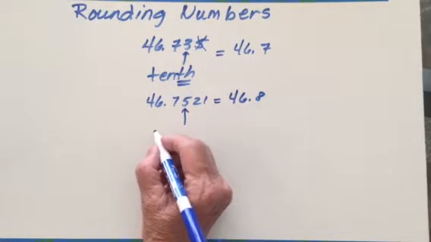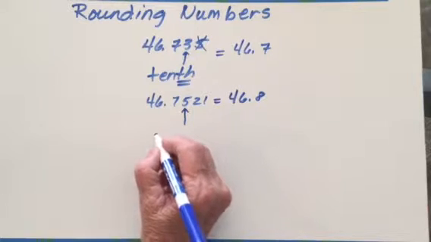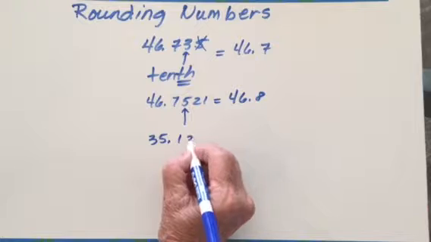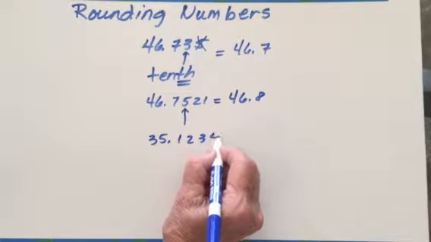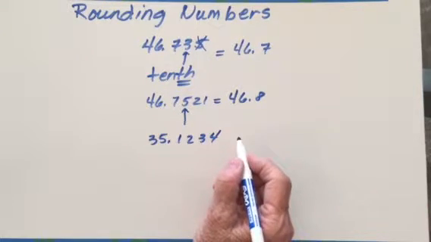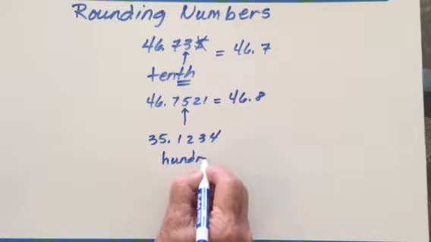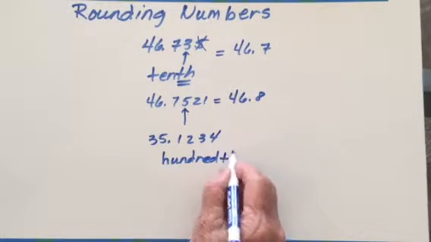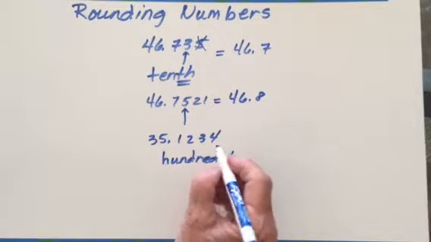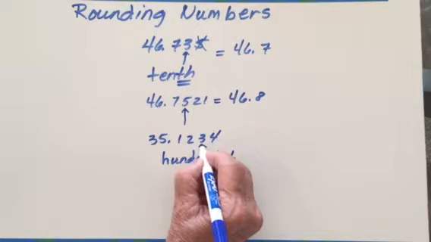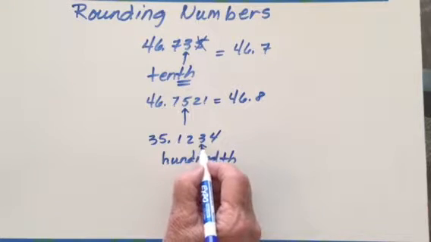What if I want to take a number, let's say 35.123, and I want to round it off to the nearest hundredth. I have to look at 1, 2, 3. I have to look at the third place because the third place is thousandths.